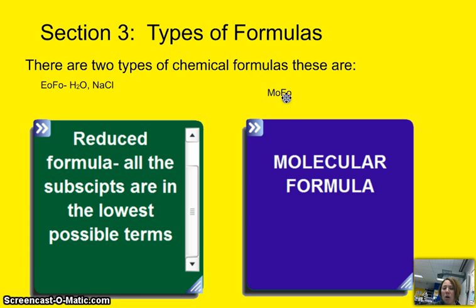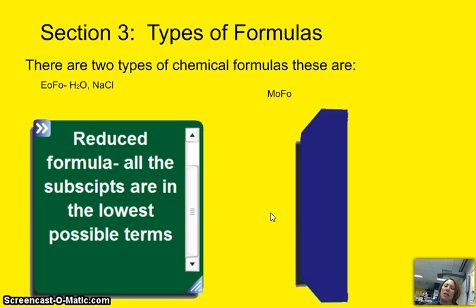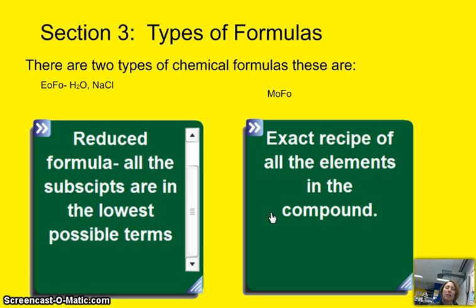And a MOFO, or a molecular formula, is when the subscripts are not necessarily in lowest terms. It's the exact recipe to make the compound. The subscripts need not be in lowest terms. Though they can be, they don't have to be.